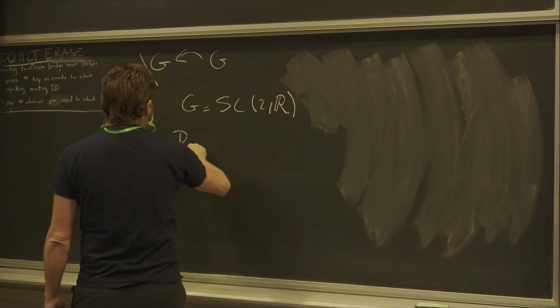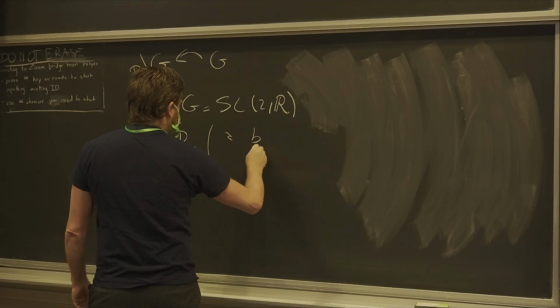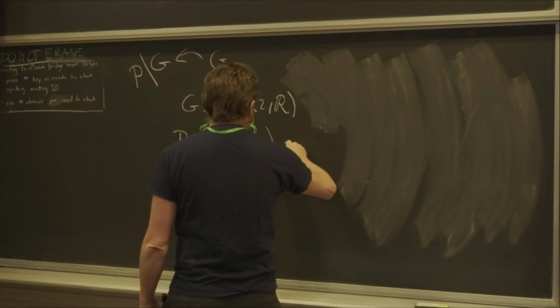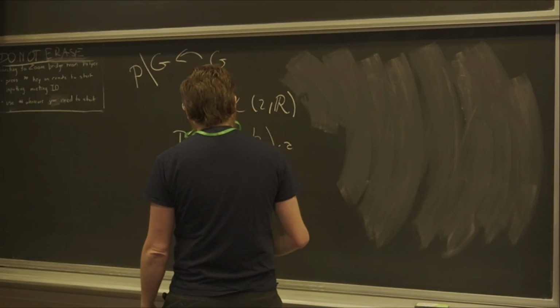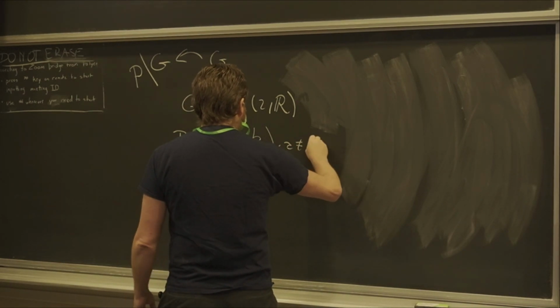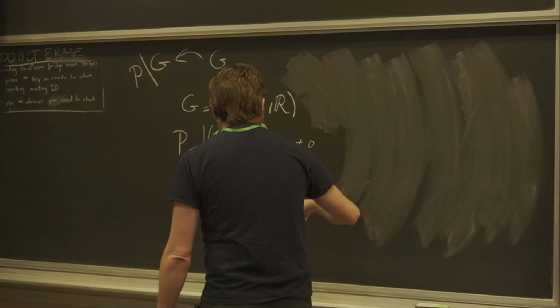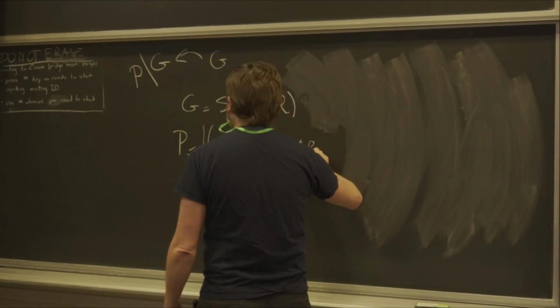Then P is just these matrices. Here is a discussion whether we want A different from 0 or A positive. I want A different from 0, not just positive.